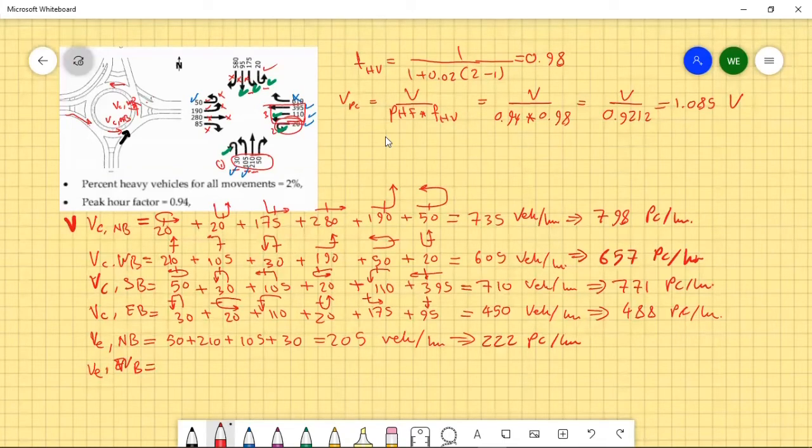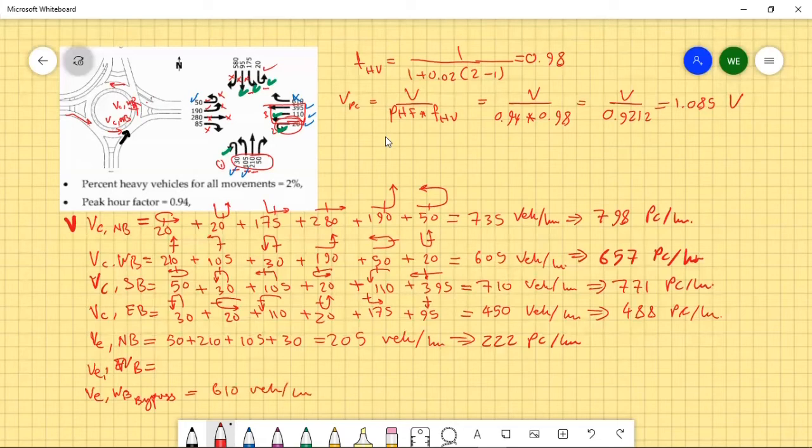So we have VE1 and VE for the bypass, westbound bypass, which is 610 vehicles per hour.